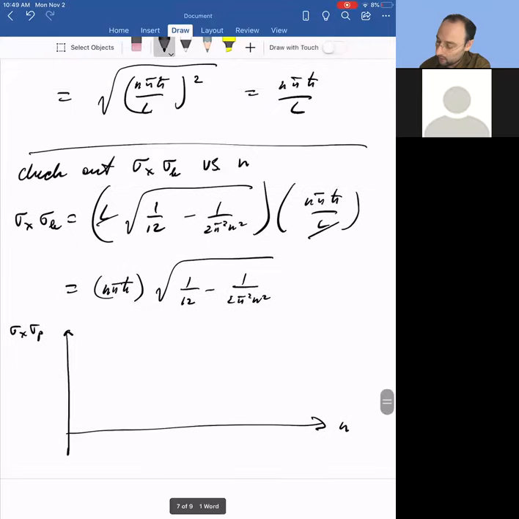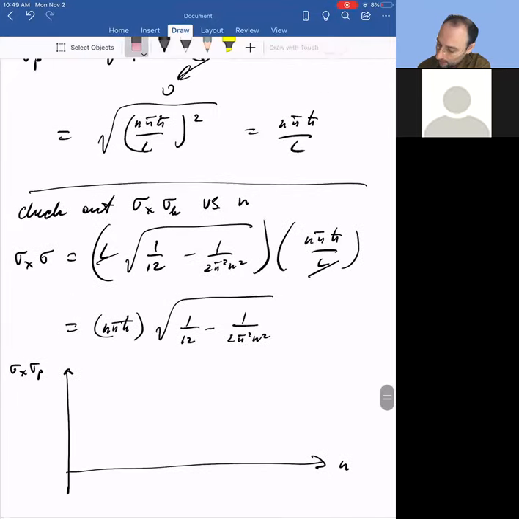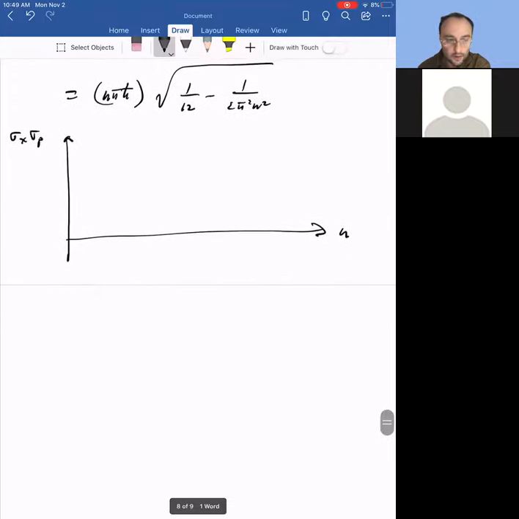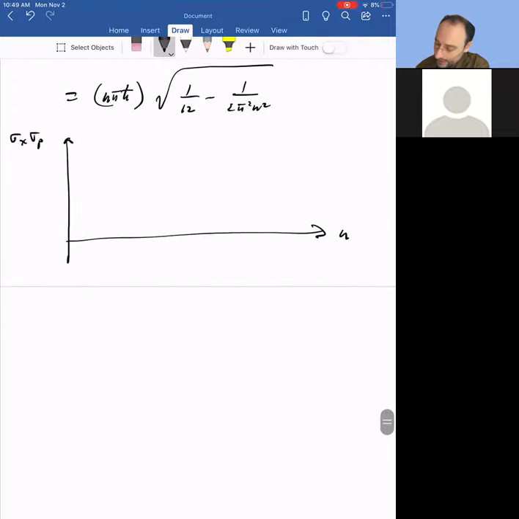I guess I should really call this sigma p, not sigma k, sorry. Because it's the momentum, the averages of momentum that we calculate. The h bar is already figured in. So for n equals 1, this thing right here is 0.567 h bar, just a little bit above 0.5.